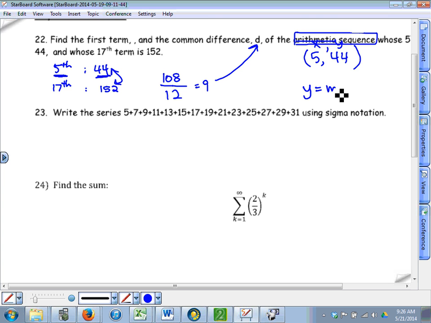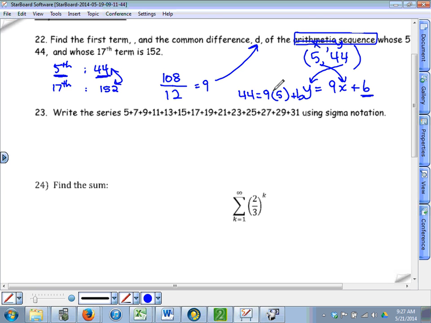If we have this equation, y equals mx plus b, and we already know that the slope was 9, couldn't we plug in our x and y values to figure out what that missing value of b is? So plug in a 5 for x and a 44, so we have 44 is equal to 9 times 5 plus b. 45, if you subtract that from 44, you get -1.